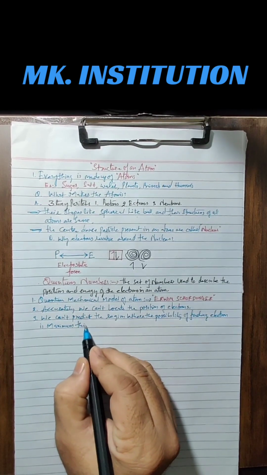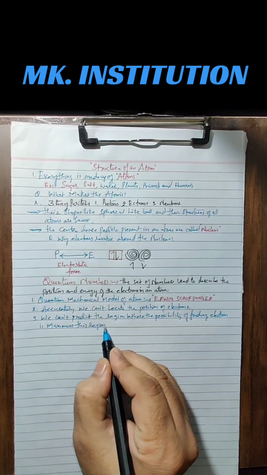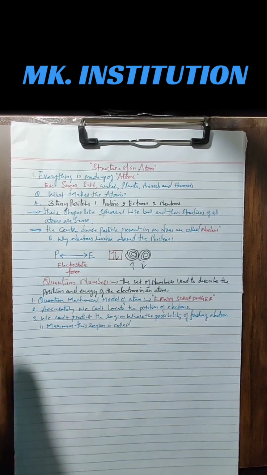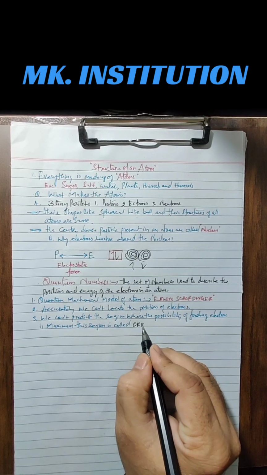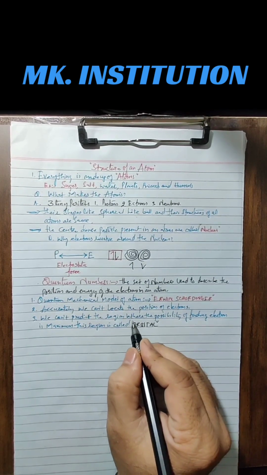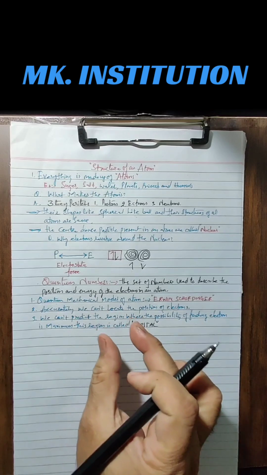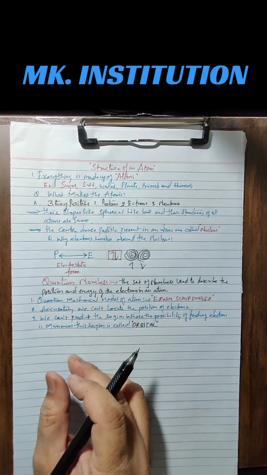All this region is called the orbital. This space will be very near to the nucleus, where the electrons are moving, and that is called the orbital.